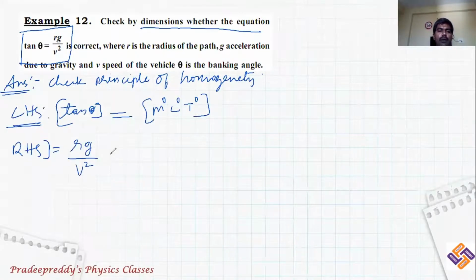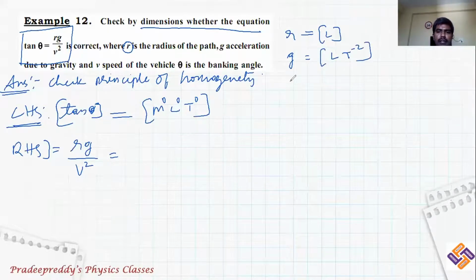Now let me write down dimensions for R. R is radius, it is length. Next, G is acceleration. Acceleration dimension is L T power minus 2. Next, what is V? Speed. Speed you can write as L T power minus 1.